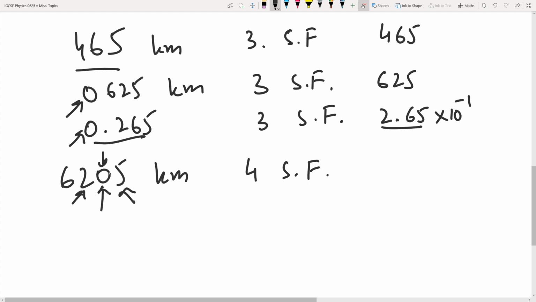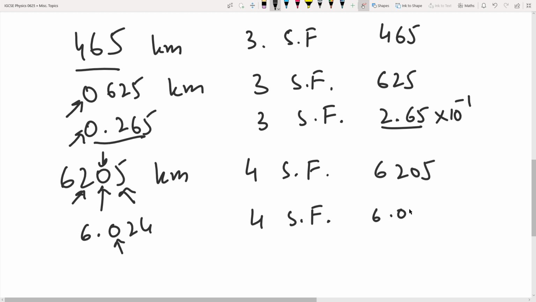I cannot omit the 0 because it is in between these two values. Similar is the case for a decimal, right? So if I have 6.024, even this 0 is significant, so I've got 4 significant figures over here. So again, this number can be rewritten like this. As I said, it's already correct, so I'm not going to change the number, whatever the units are.